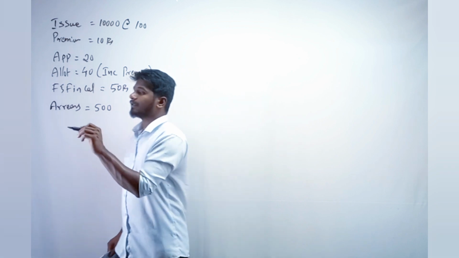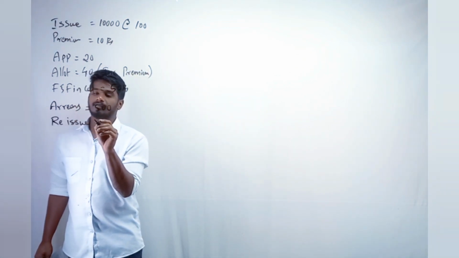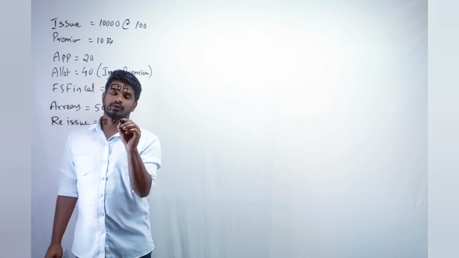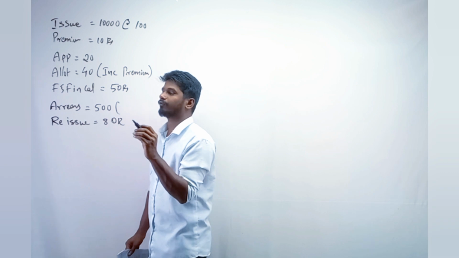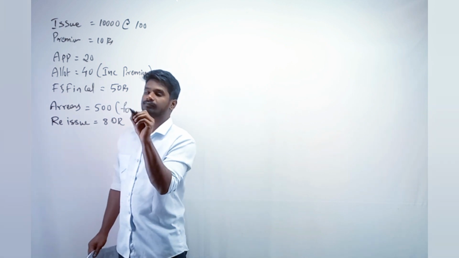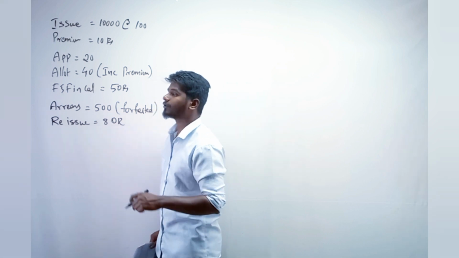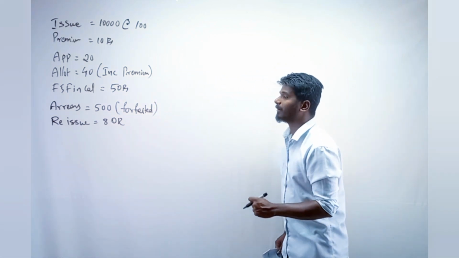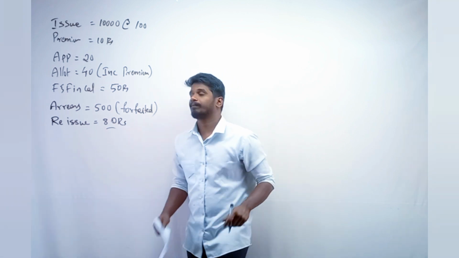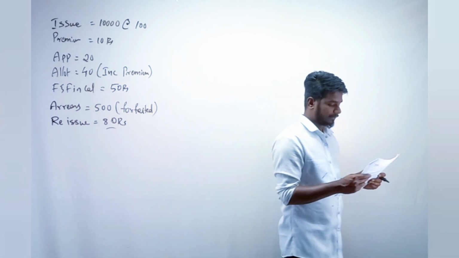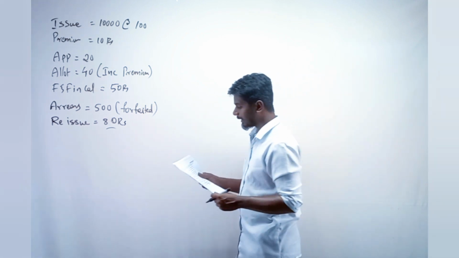So here it is reissue at 80 rupees. 500 shares got forfeited and the same reissued at rupees 80, correct. So that's the question. Pass the journal entry in the books of the company.